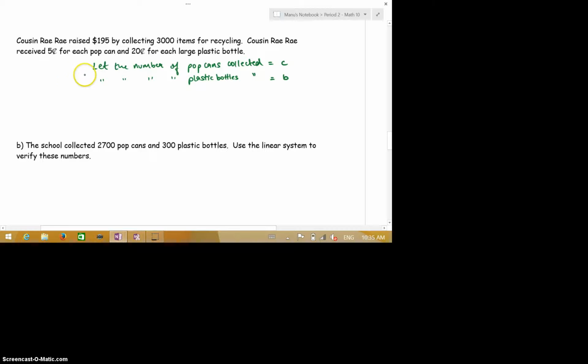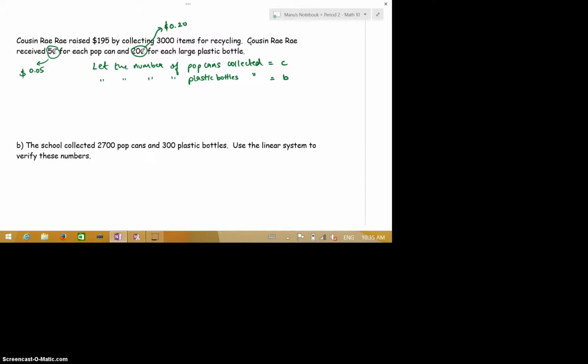I'll make a note that 5 cents is equivalent to how many dollars? How do I write 5 cents into dollars? $0.05. Right? Similarly, I can write 20 cents as $0.20. So I want to make sure that I'm in dollars throughout because my other number is dollars as well.